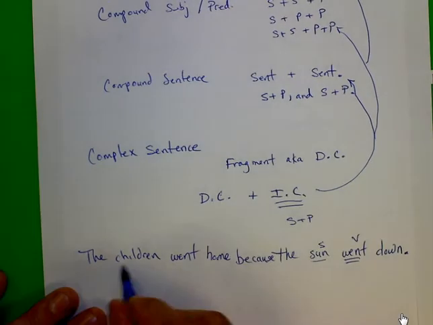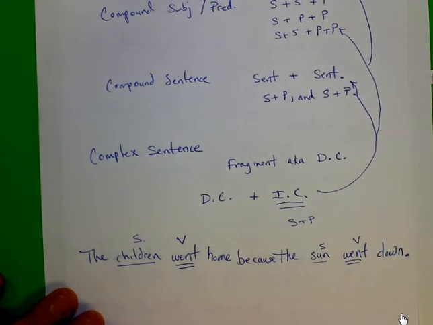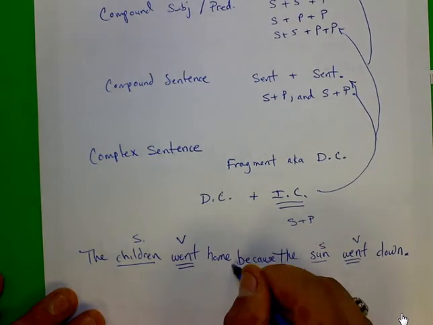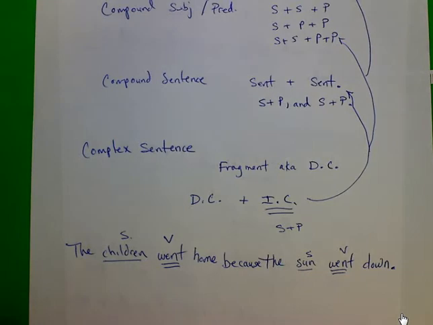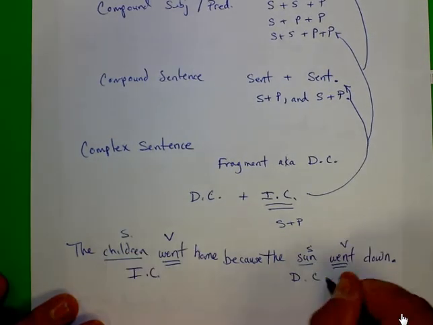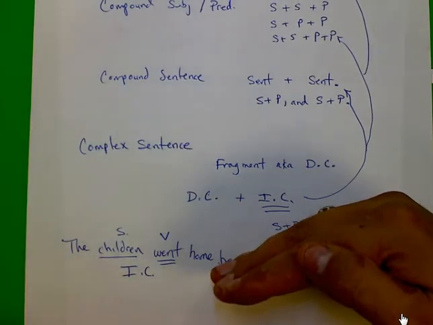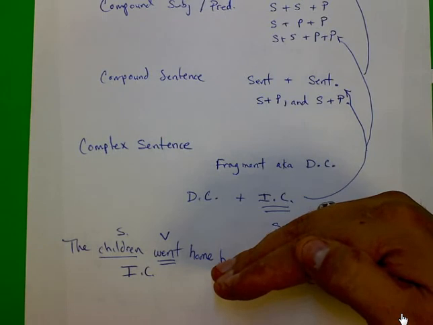So now I have a subject of the sentence, I have a verb of the sentence, okay, and normally, if I wanted to look at where my independent clause is, it's right here, and this is my dependent clause here, because I could take this whole part out of the sentence and just say, the children went home, period. That's perfectly fine.